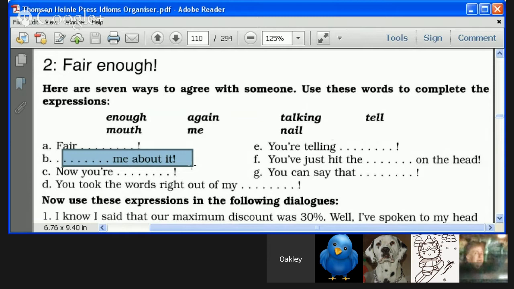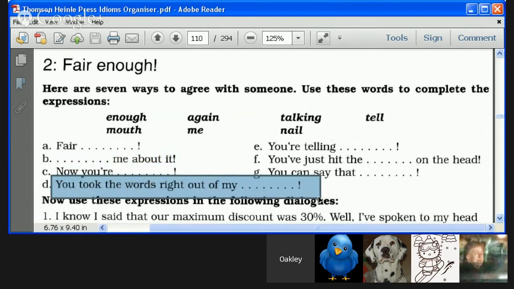Interesting. That could be very confusing. I could see how that could really cause a serious problem. Because when an English speaker or American says, "Don't tell me about it," it means I don't want to know.